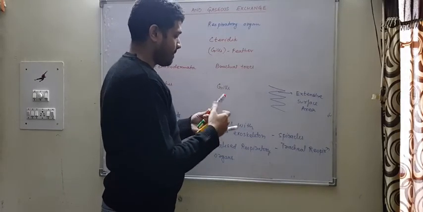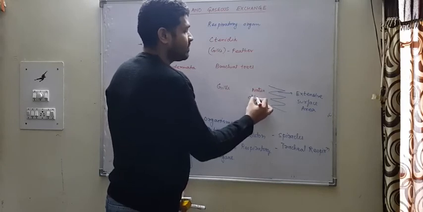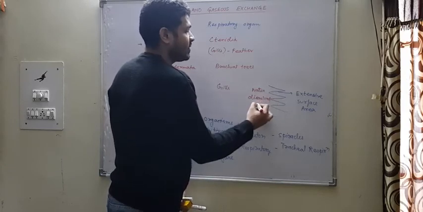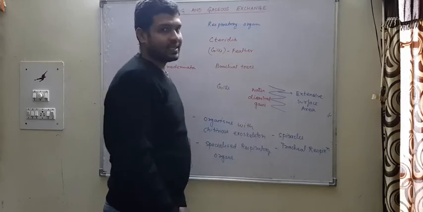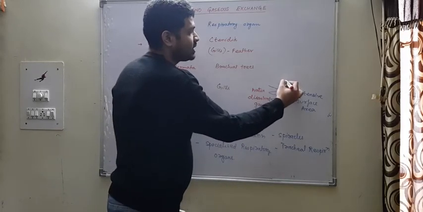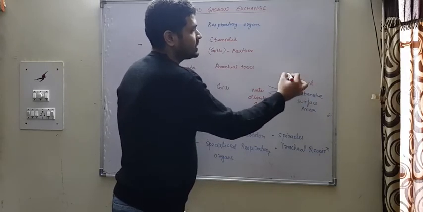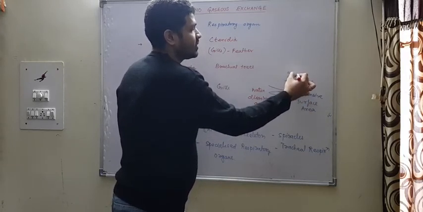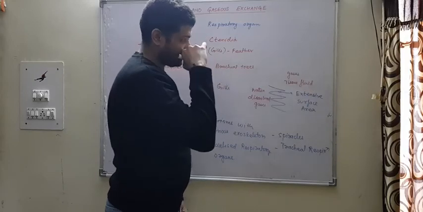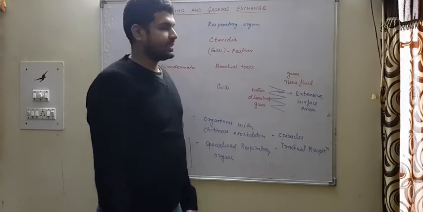The water which is present outside has dissolved gases in it. The tissue fluid, the circulating fluid, also has different gases dissolved in it. These gases are obviously the metabolic gases.